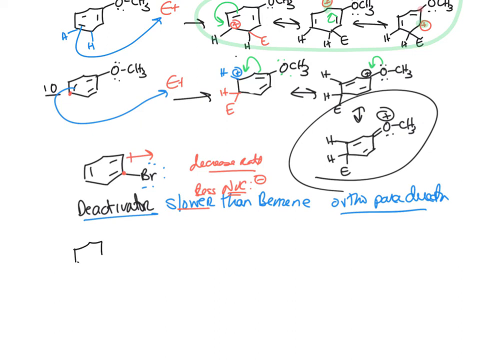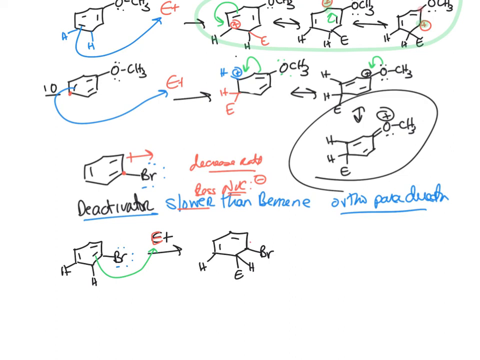So now, since I already know that bromobenzene is an ortho para director, I'll just go ahead and put it on the para, the sigma complex. So we have this, and we have this hydrogen, and we have this electrophile.